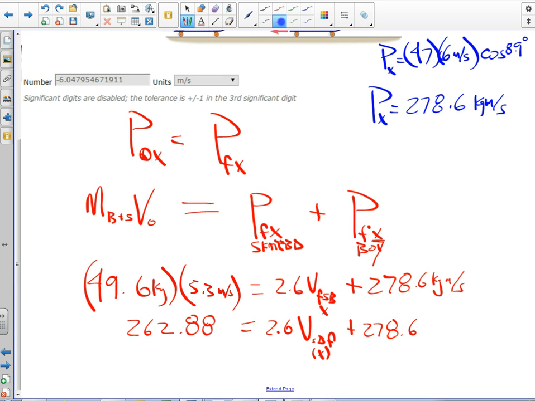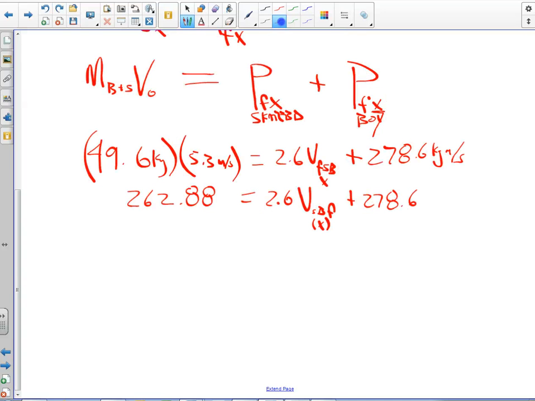Now notice, if you're looking at it, you're already seeing this is going to come out negative, which makes sense because that velocity is going to the left for the skateboard. So 262.88, so I'm going to subtract the 278.6 from both sides. So I have negative 15.72 kilogram meters per second equals the 2.6 kilogram mass of the skateboard times its final velocity.